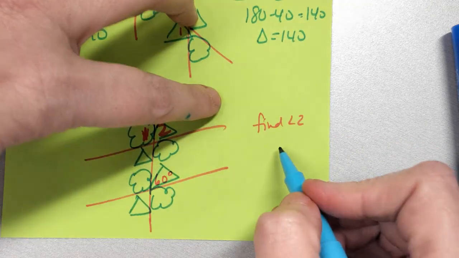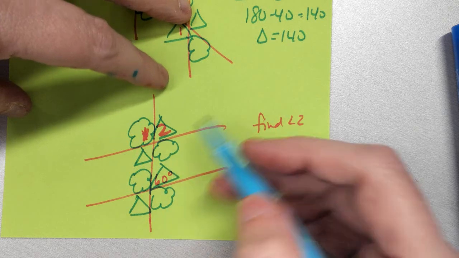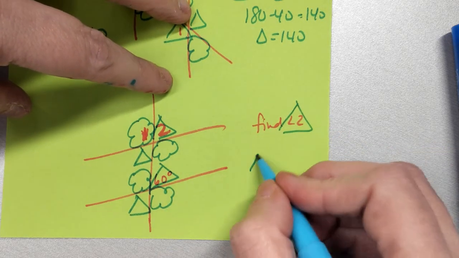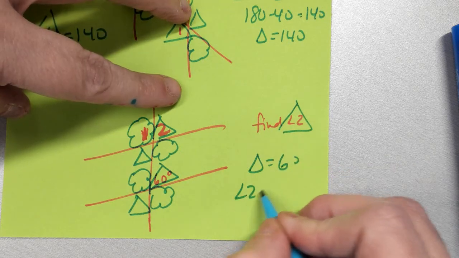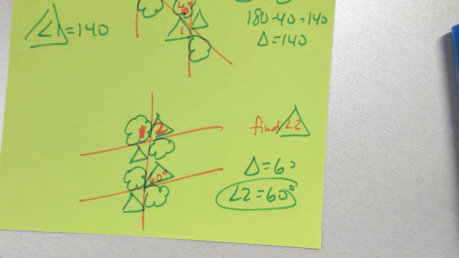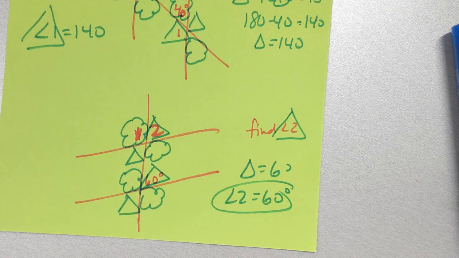So I know cloud equals cloud, and triangle, what shape is 2? 2 is a triangle. I already know what triangle is. Triangle is 60. That means angle 2 is 60 degrees. I don't even have to do any math on this one, as long as I label these so that I can tell where they go.